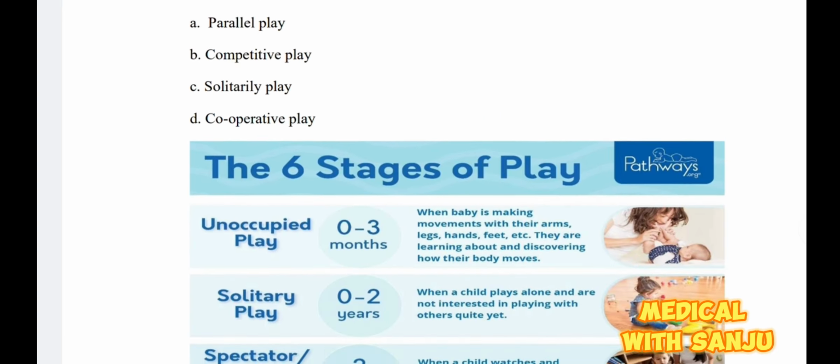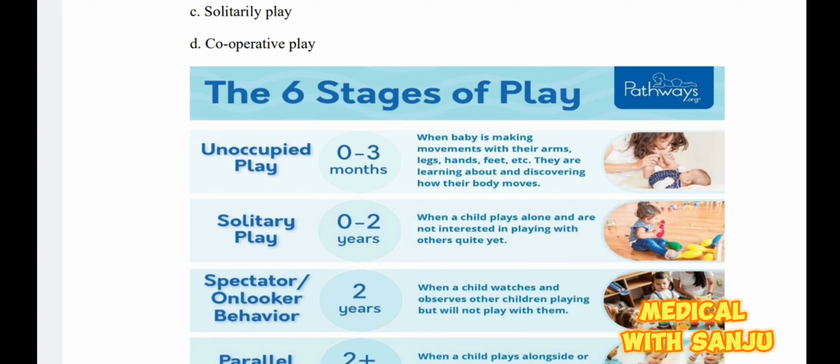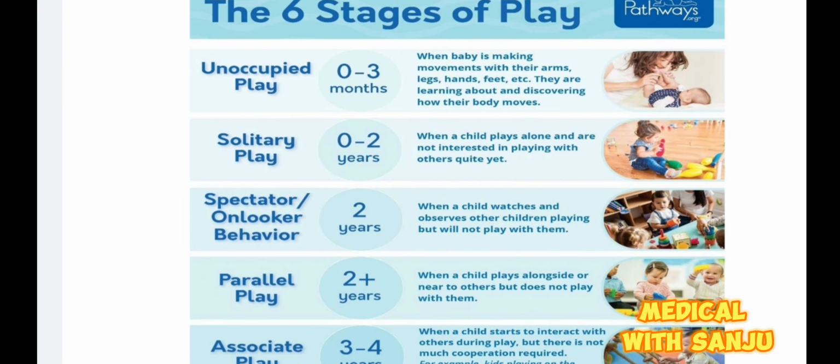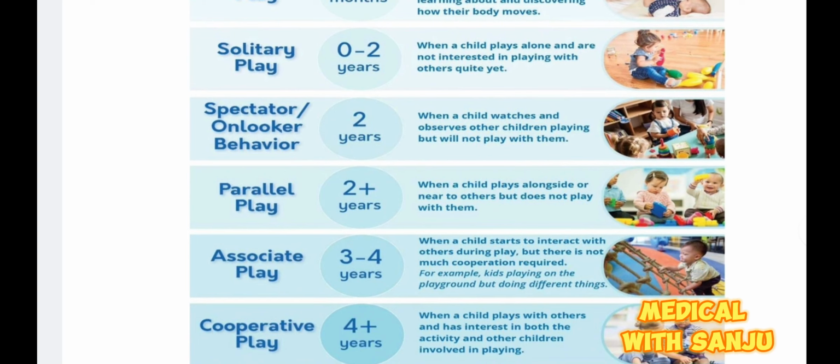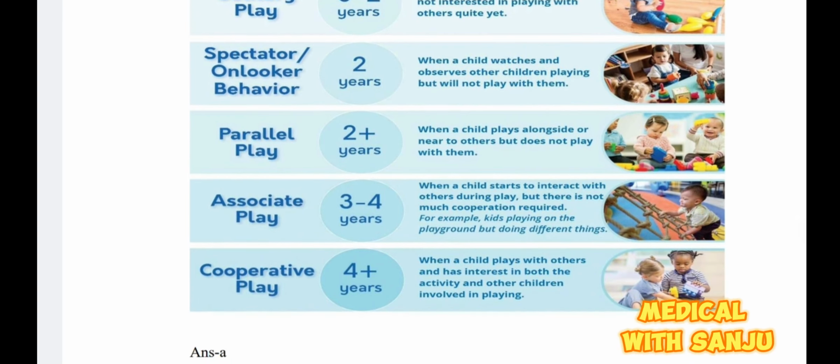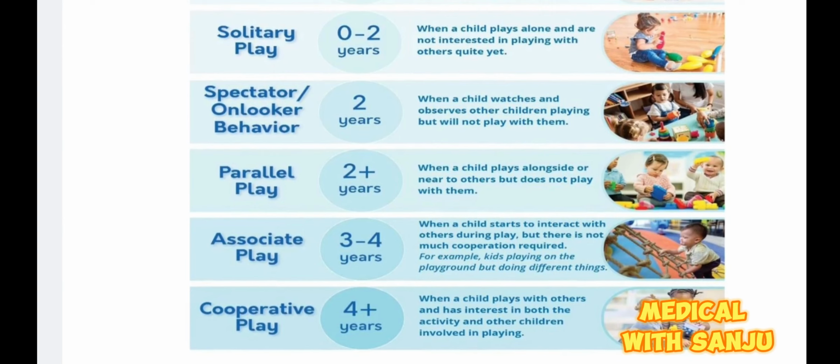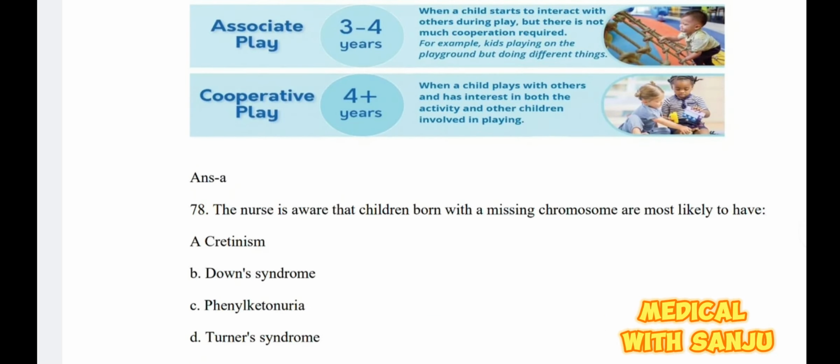So you can see here occupied play in 0 to 3 months, solitary play in 0 to 2 years, spectator in 2 years, parallel play in 2 plus years, associate play in 3 to 4 years, and competitive play in 4 or more than 4 years. So toddler means 1 to 3 years of child is called toddler, and it plays parallel play. Option A is right answer.